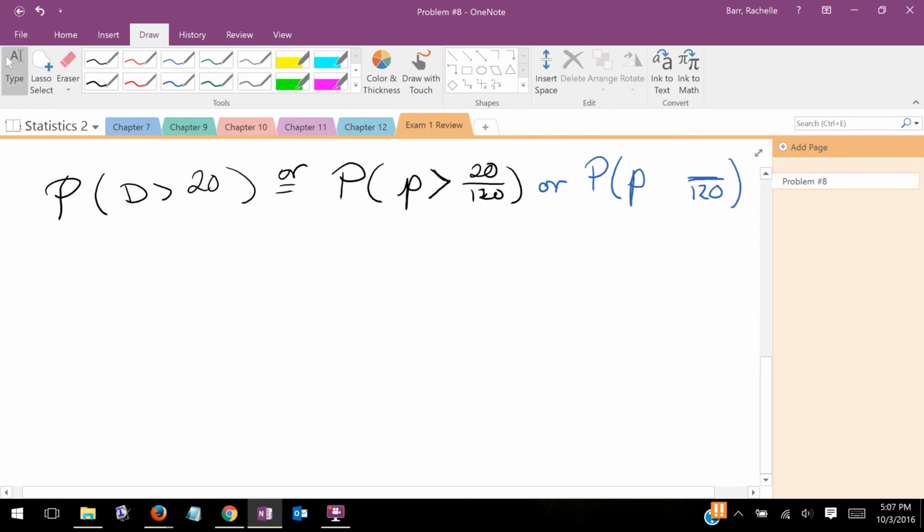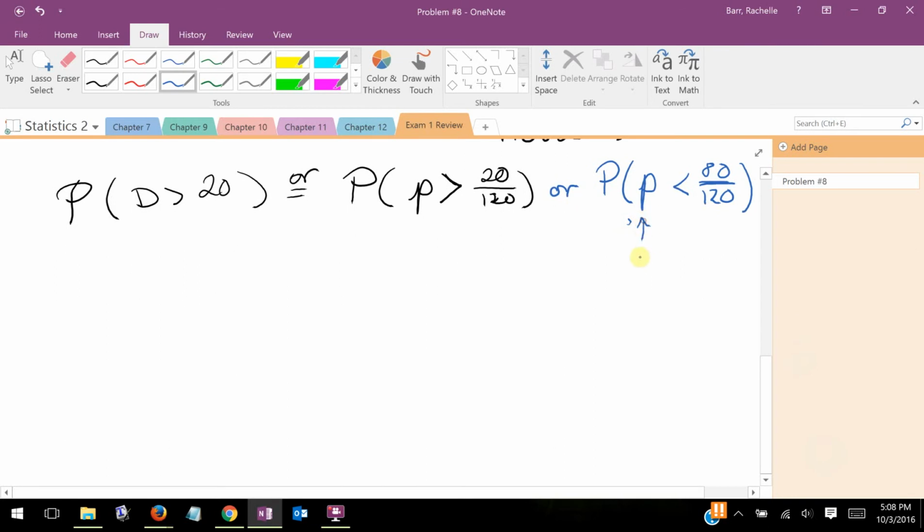If I want at least 20 not wearing their belt, that means at most 80 are wearing their belts. So here your success is wearing the belt, and here your success would be not wearing it.